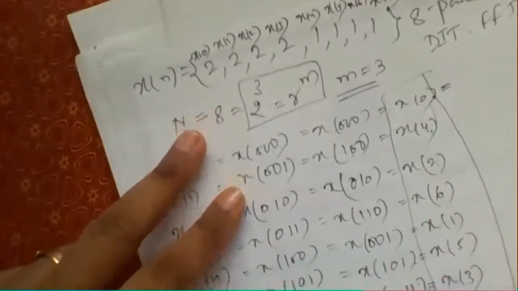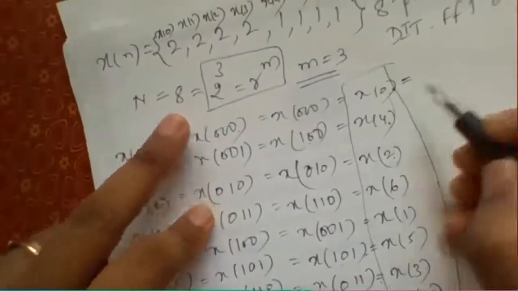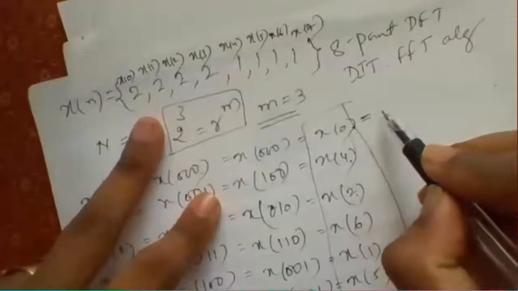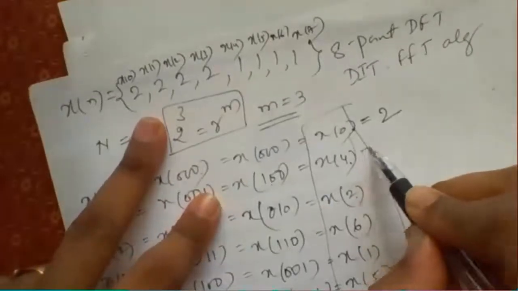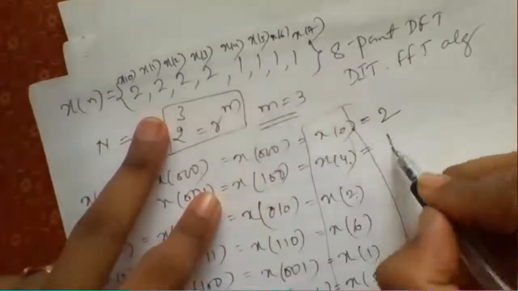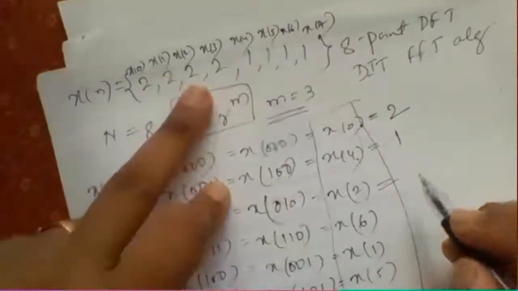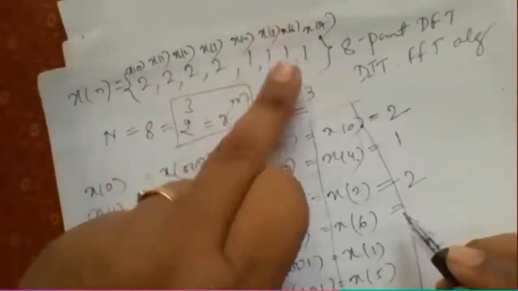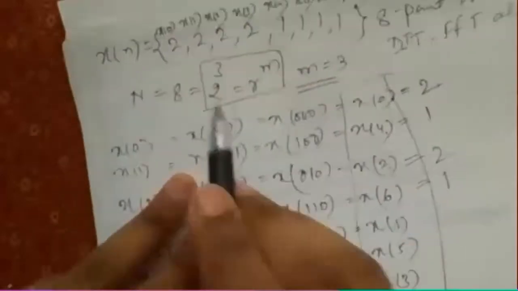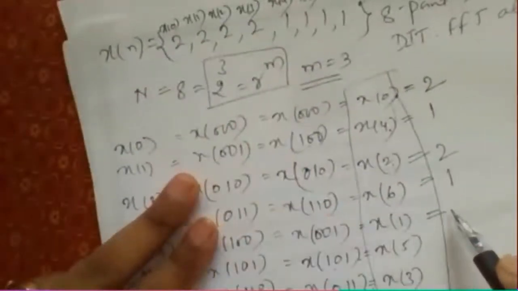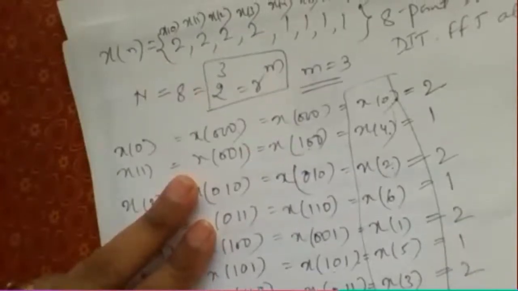What is the x of 0th sample? It is 2. X of 4th sample is 1. X of 2 is again 2. X of 6 is 1. X of 1 is again 2. X of 5 is 1. X of 3 is 2. X of 7 is again 1.